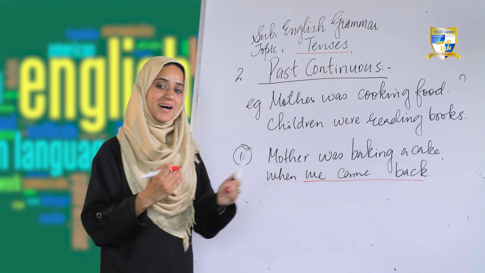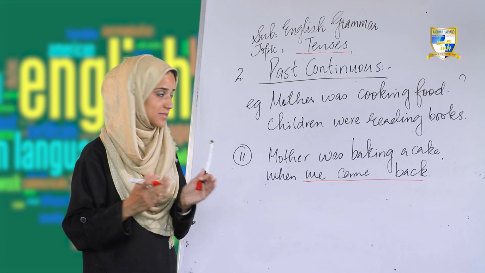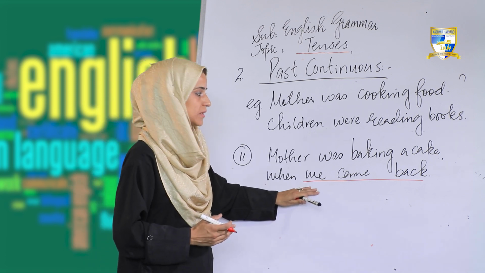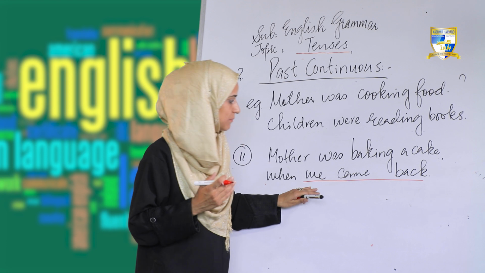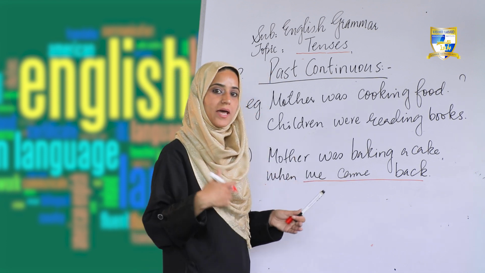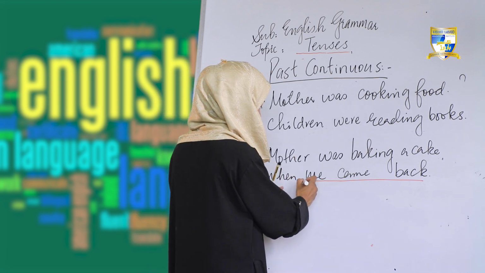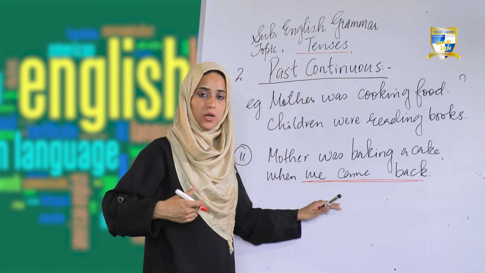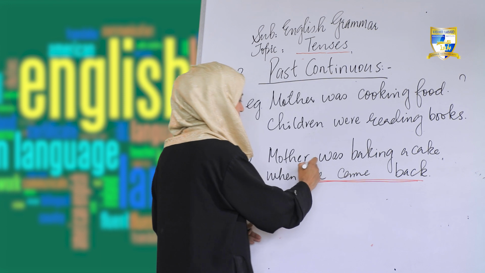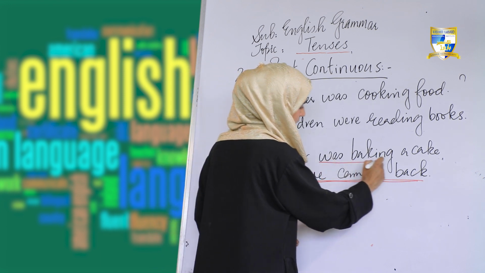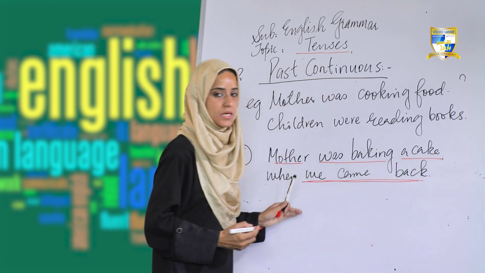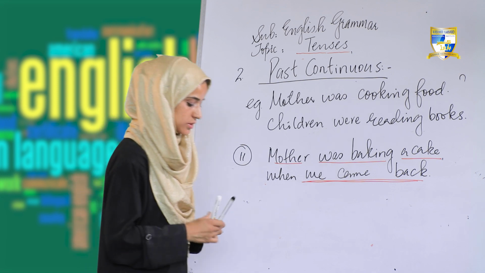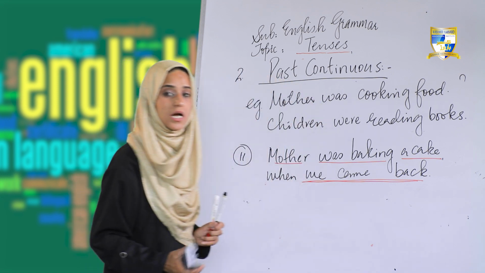So I said past continuous tenses are used at the time of an action that had happened at some time in the past and one more action took place. For example, this action here, we came back. When we came back, what was happening at that time? Mother was baking a cake. So these are two uses of past continuous.